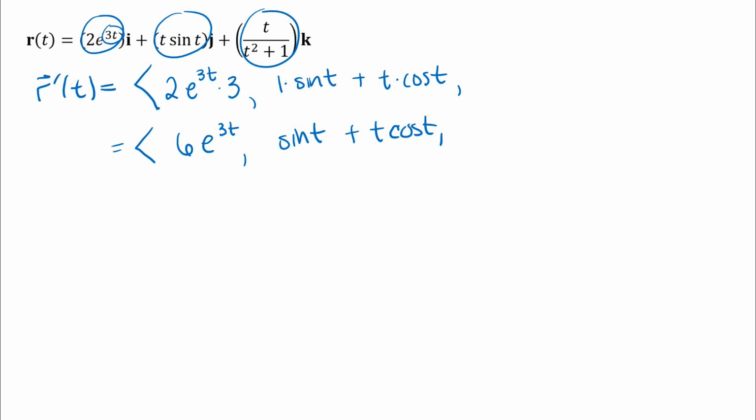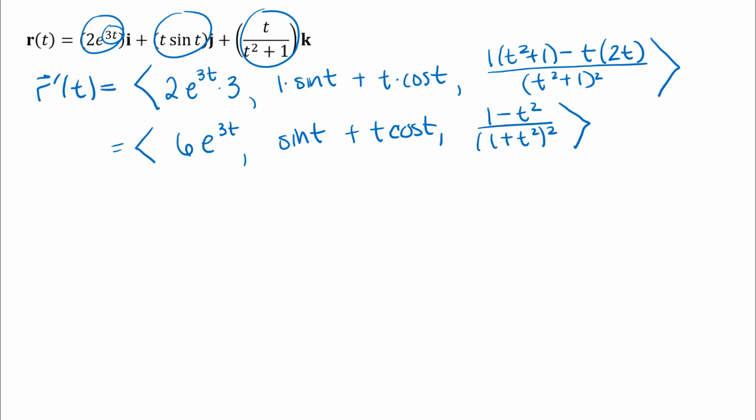So the derivative of the top times the bottom function minus the top function times the derivative of the bottom function, all over that denominator squared. If I simplify that, I'll have a t squared and a minus 2t squared term and a 1 term on the numerator, so that would be 1 minus t squared, over the quantity t squared plus 1, quantity squared.